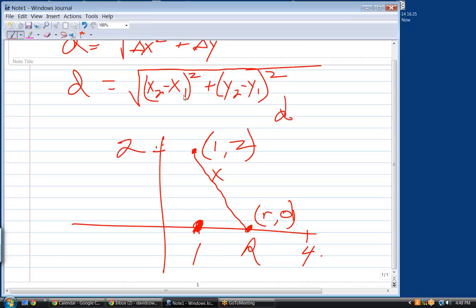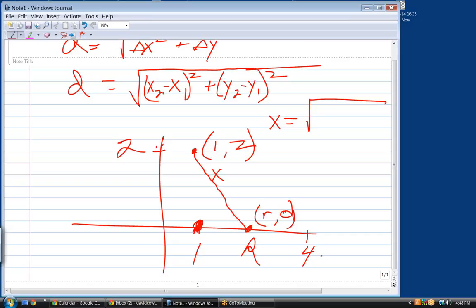So that distance, X, we'll call it, always starts out square root of. Since we don't know where R is, it's going to have to be in our answer.